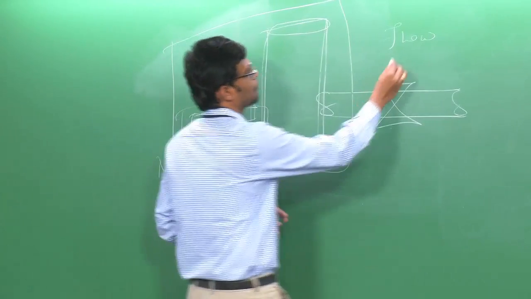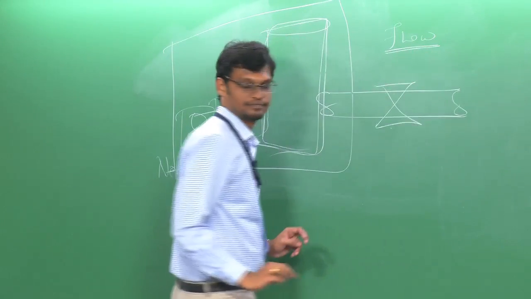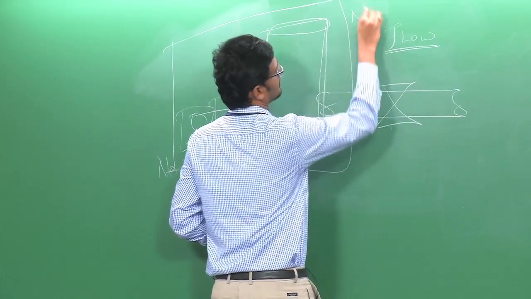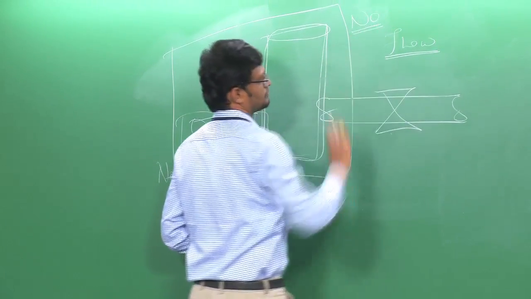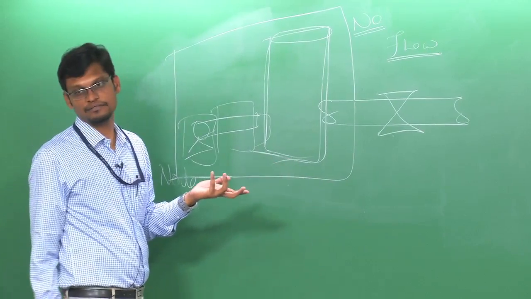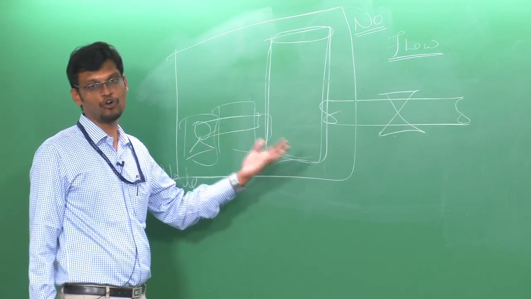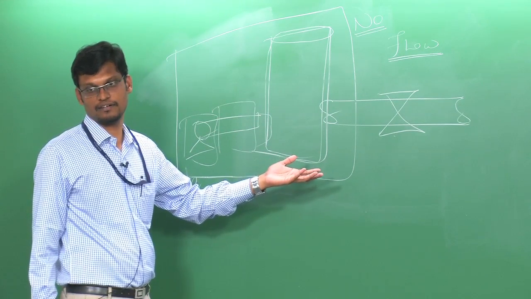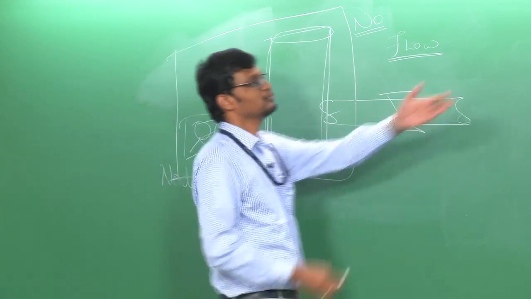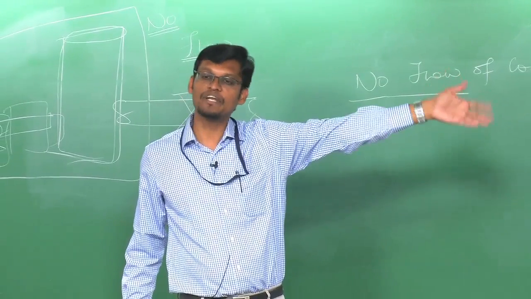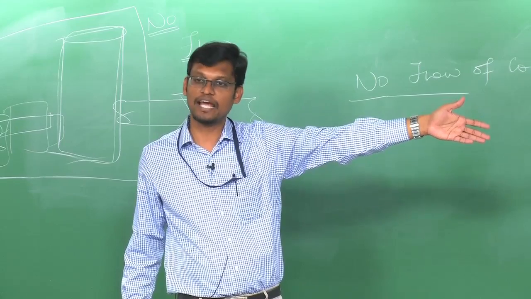You want to discuss flow, and you want to use the deviation no. When can no flow to the tank happen? So you start writing the causes. What will happen if flow doesn't happen to the tank?